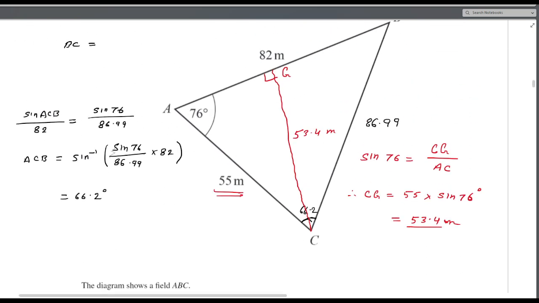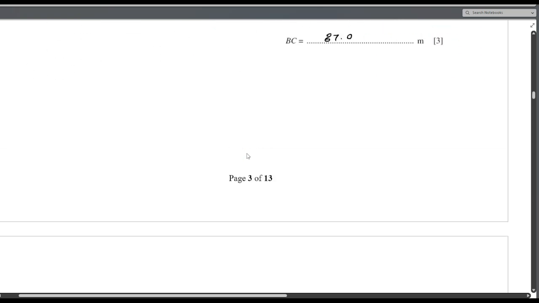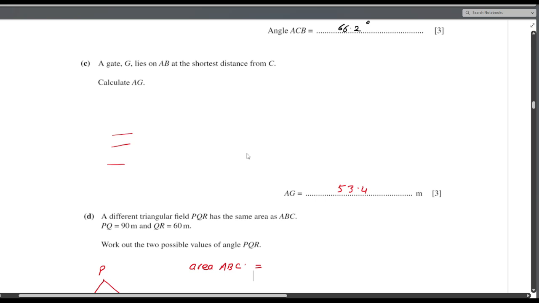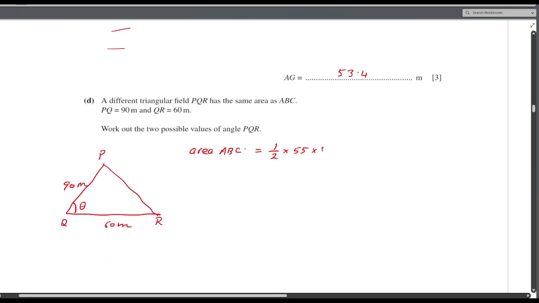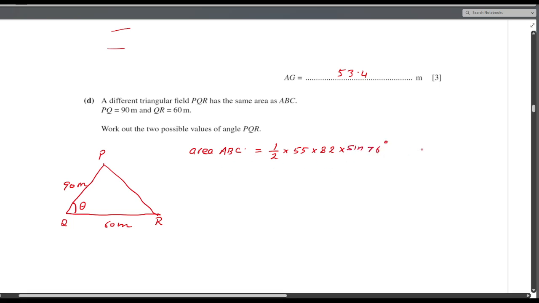I can say half of 55 into 82 into sine 76 degrees. This is my area of ABC, and this is the same as the area of PQR.